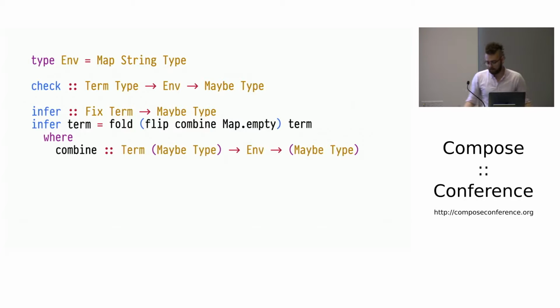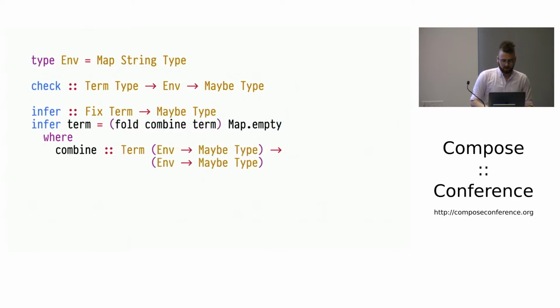And it's like, oh, okay, well, we're now losing all of the benefit of these beautiful folds that made everything seem so simple and straightforward and non-recursive, or at least only secretly recursive. So instead what I want to do is a fold that gives me a function from an environment to maybe a type.